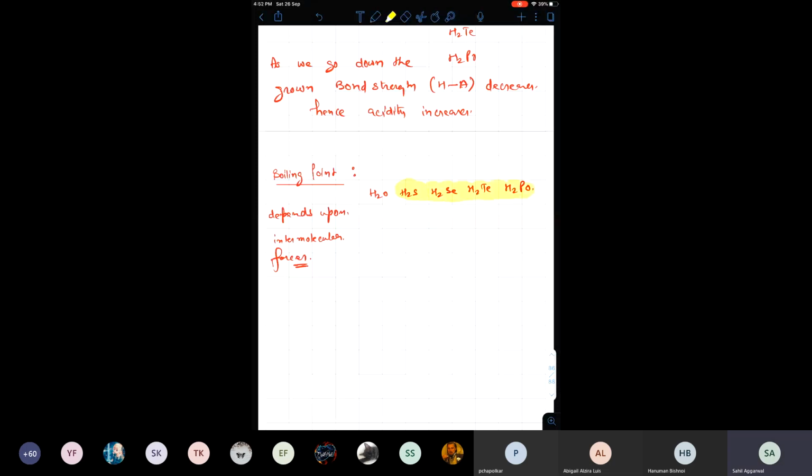All these have van der Waals forces, and this one has hydrogen bonding. So the maximum is H2O due to hydrogen bonding.